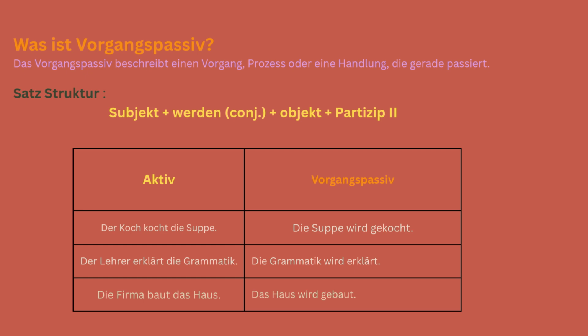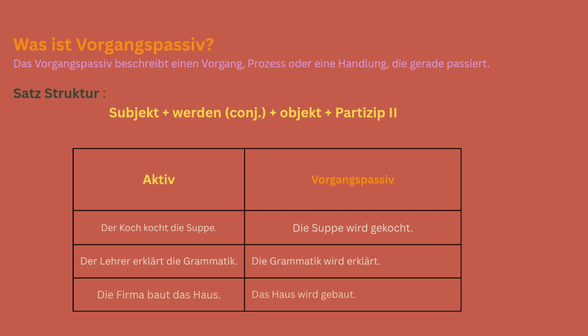So we can look at the structure also. Subject plus conjugated form of werden plus object plus Partizip zwei.